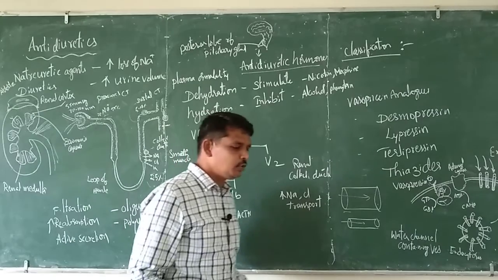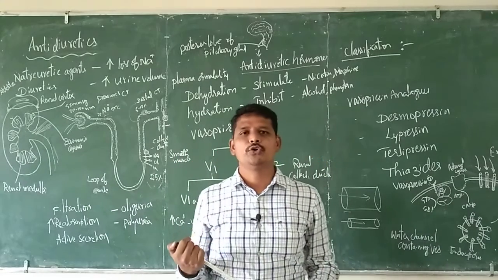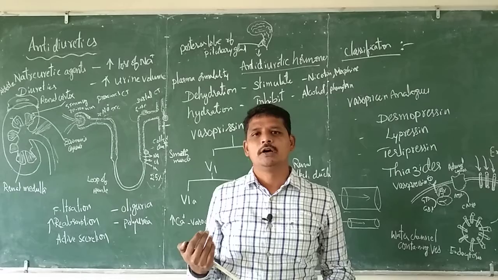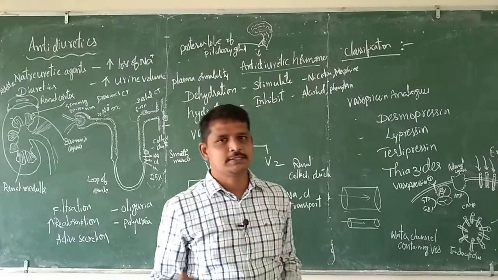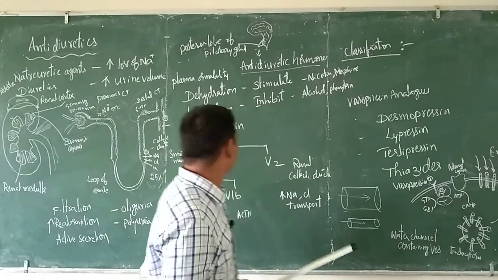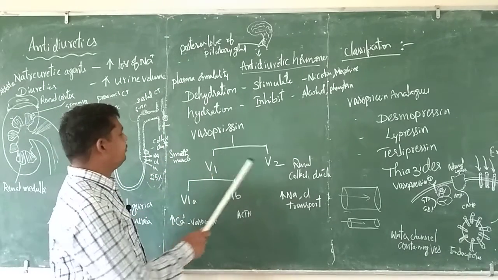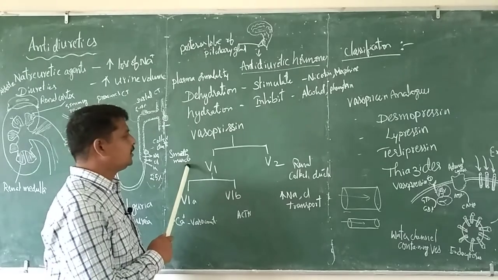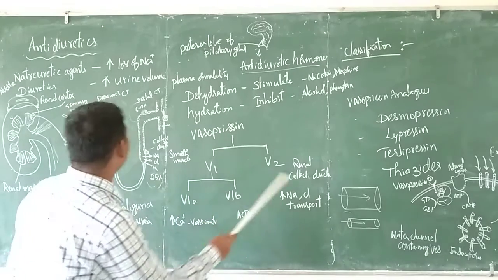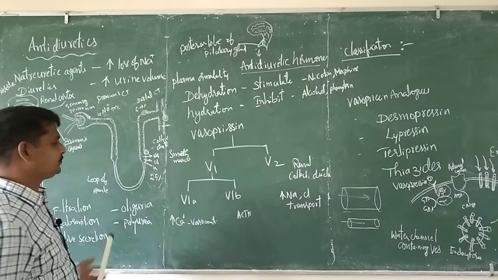This hormone is secreted from the posterior pituitary gland and works on various receptors, like vasopressin receptors. We have different categories of vasopressin receptors: V1 and V2. V1 is predominantly present in the smooth muscle and CNS, whereas V2 is predominantly present in the collecting ducts of the nephron.